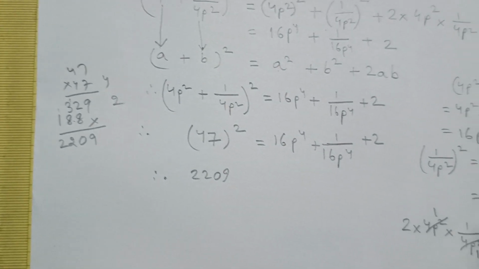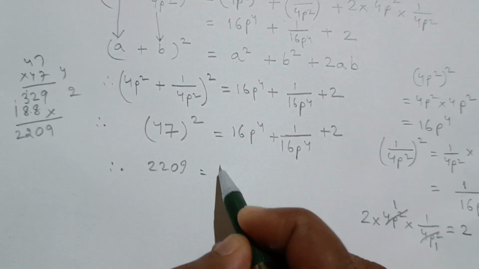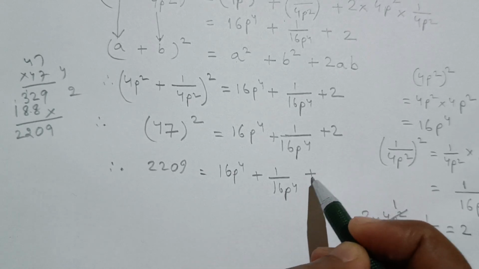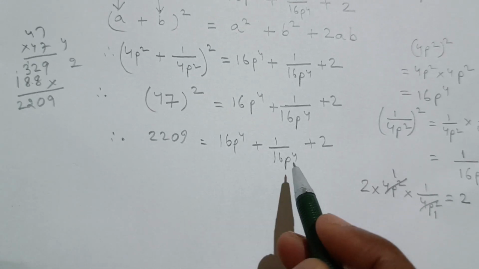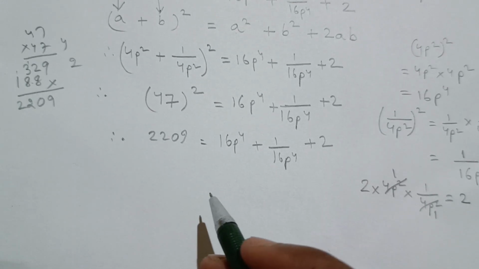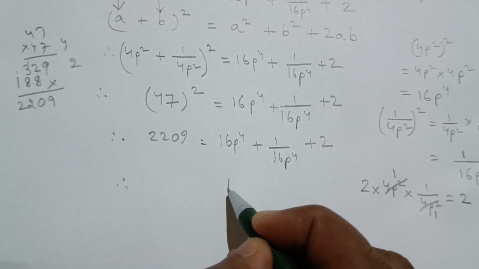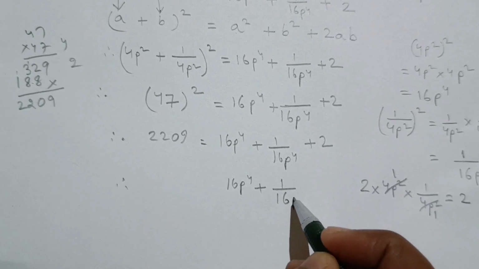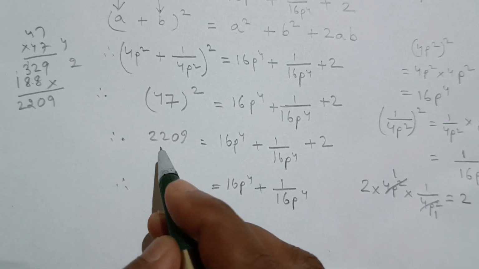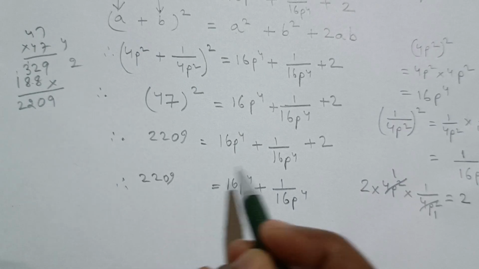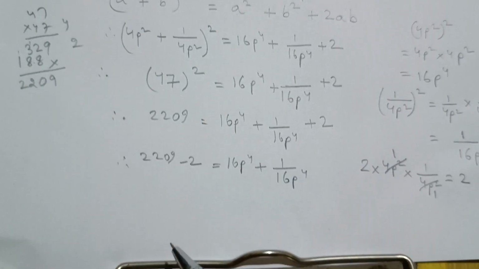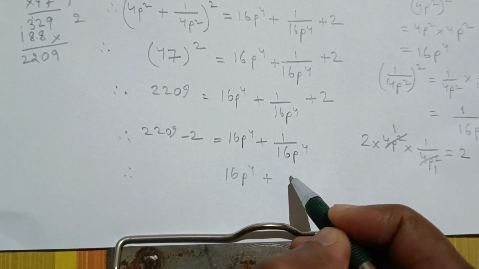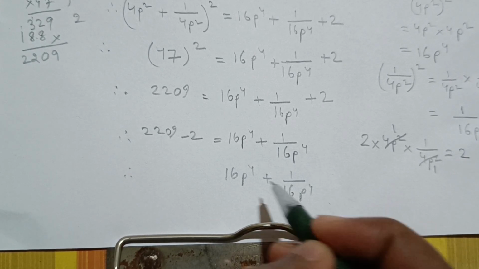So 2209 is equal to 16p⁴ plus 1/16p⁴ plus 2. So from here I can find the value of 16p⁴ plus 1/16p⁴. Therefore 16p⁴ plus 1/16p⁴ is equal to 2209 minus 2.